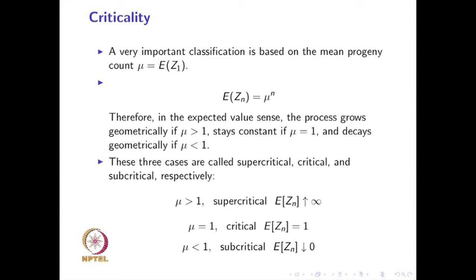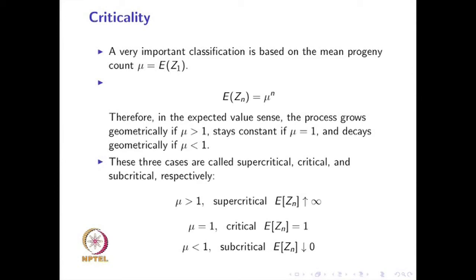If mu is equal to 1, the process stays constant, whereas if mu is less than 1, the process decays geometrically. Thus, the three cases are called supercritical, critical and subcritical respectively.